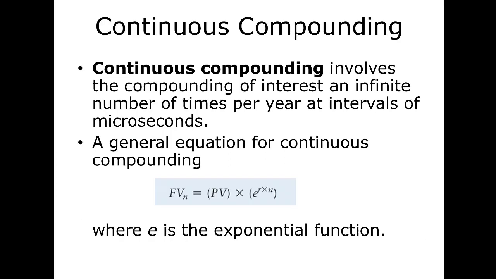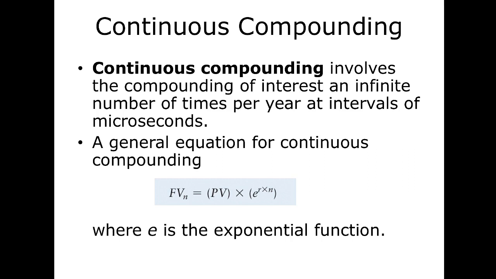We can also have continuous compounding. Compounding can be on a semi-annual basis, quarterly basis, monthly basis, a weekly basis, a daily basis, an hourly basis. If we wanted to continue that out, we'd have the case of continuous compounding, which involves the compounding of interest at an infinite number of times per year.